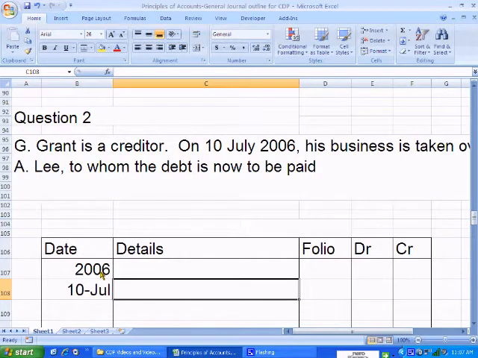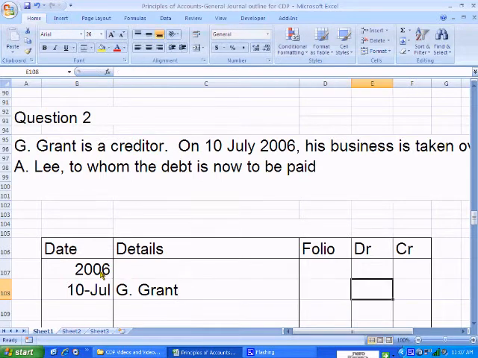Debit G. Grant, friends. You debit G. Grant the figure of 150. Then we're going to have A. Lee.